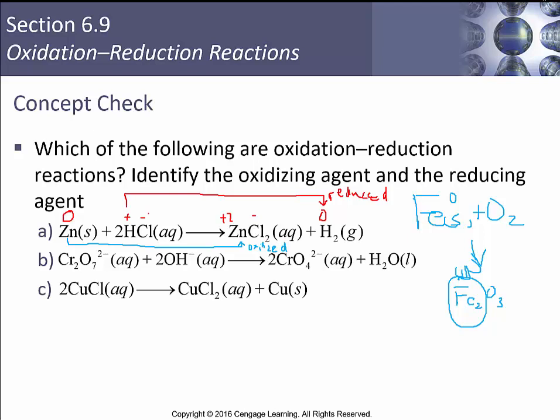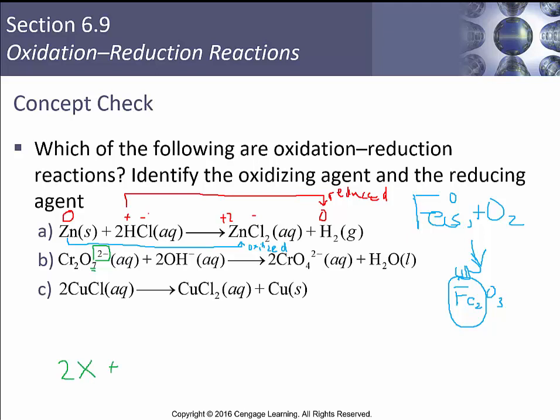Right? So let's look at this one with the chromium. Right, so in our chromium, we've got oxygen here. I've got 7 oxygens. So we're going to set these guys up, and we're going to have to account for this -2 charge. So it's going to be 2 times X for our chromium plus 7 times -2, that's coming from our oxygen.